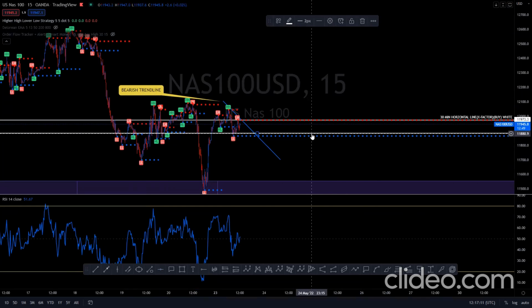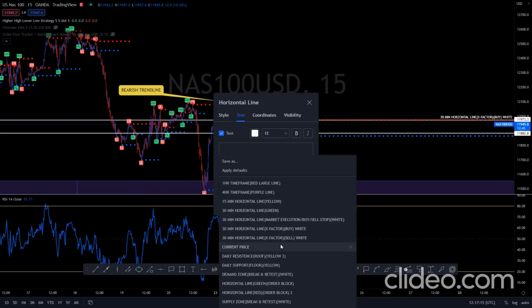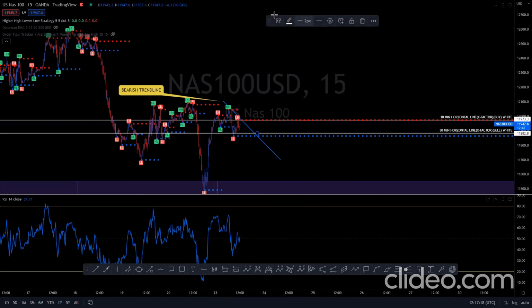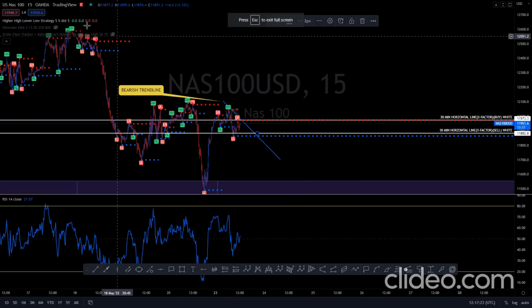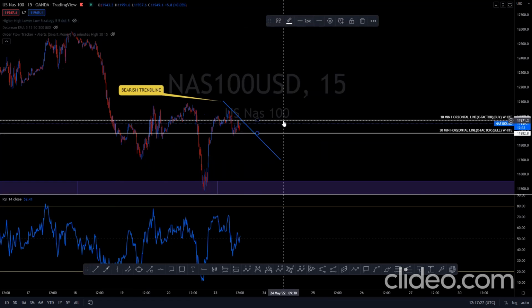And so that gives me an idea of whether I should buy or sell the trade, depending on which imbalance the institutions want to fill first. So now that I got that filled up, I can turn this off, and then I can gauge and adjust these lines as time goes by. And then if price breaks and retests to try to fill this imbalance, I'll buy it up. If it does vice versa, then I'll do that.